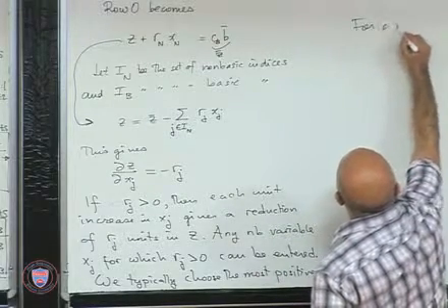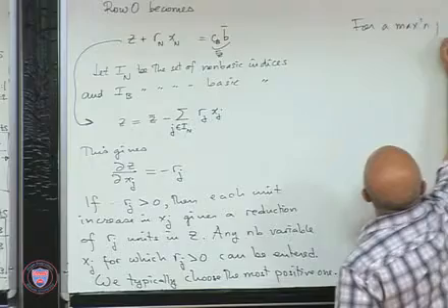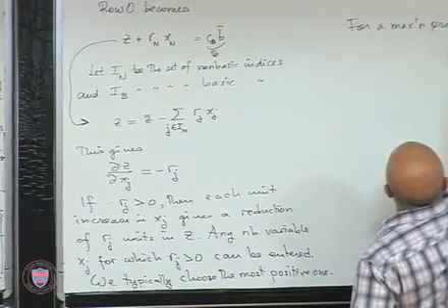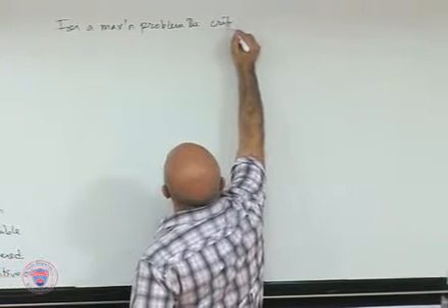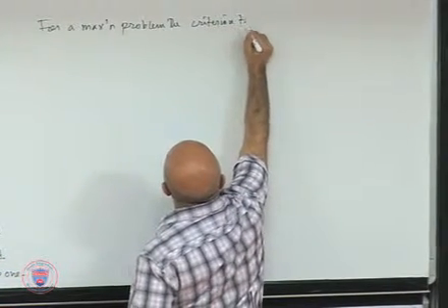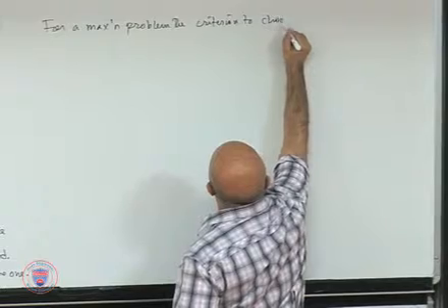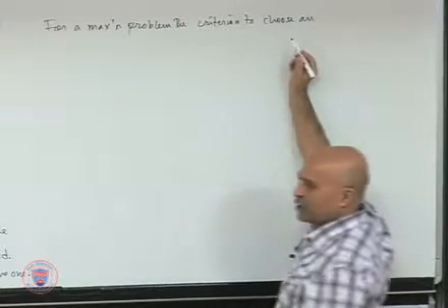For a maximization problem, the criterion to choose an entering variable is just the opposite.